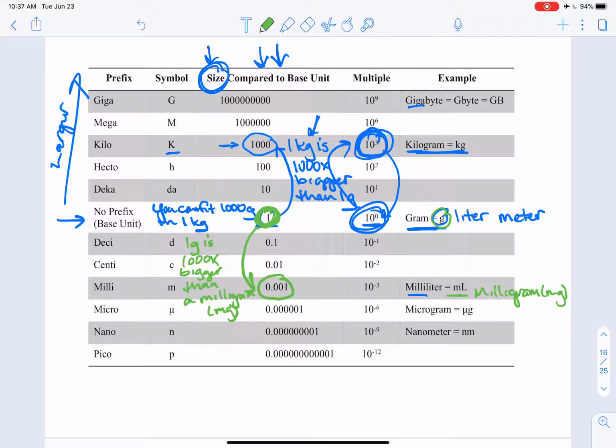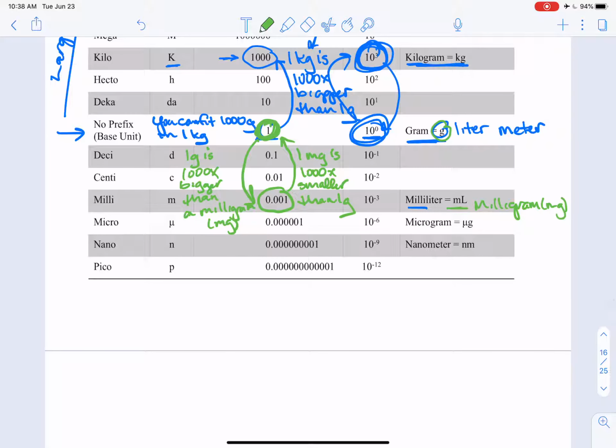What we could also say is that 1 milligram is 1,000 times smaller than 1 gram. Okay, so that's what this chart, the size part of it, is telling you. So let's make some equivalence statements.